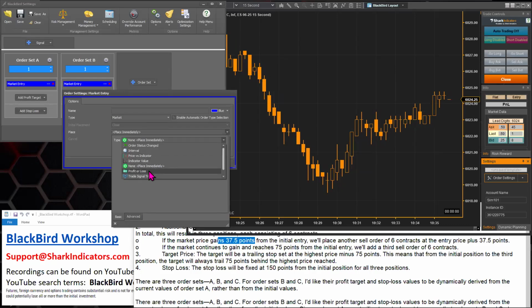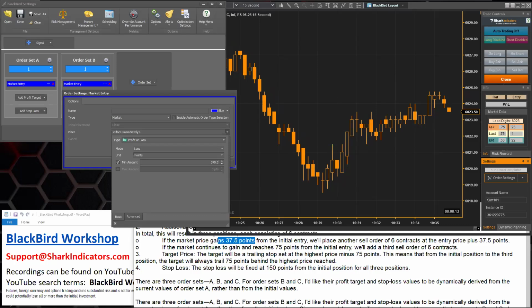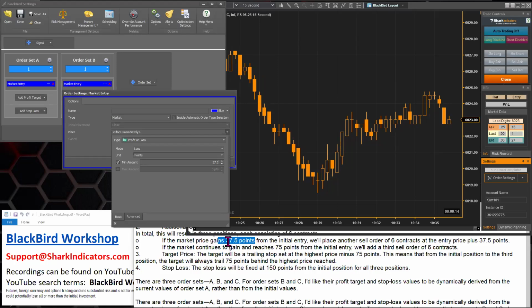I could use the profit or loss trigger here. And so we're looking for a loss in points and set that amount. And then I could put 37.5 like so. And Blackbird could monitor for that, but of course with the market order, right, who knows, you might get in at 36 or 37 points, maybe you got 2 ticks of slippage there, right?